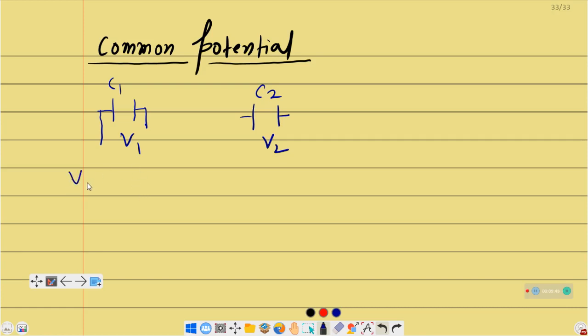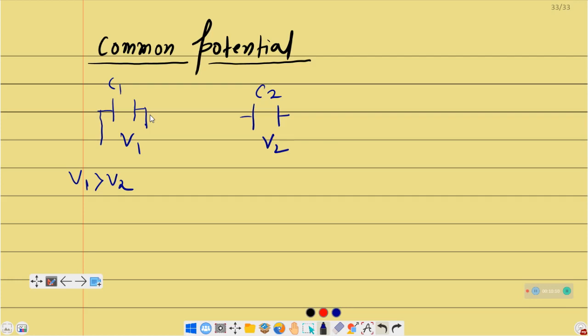If V1 is high potential and V2 is low potential, the charge will flow from capacitor number 1 to capacitor number 2, and this flow continues till their potentials become equal.